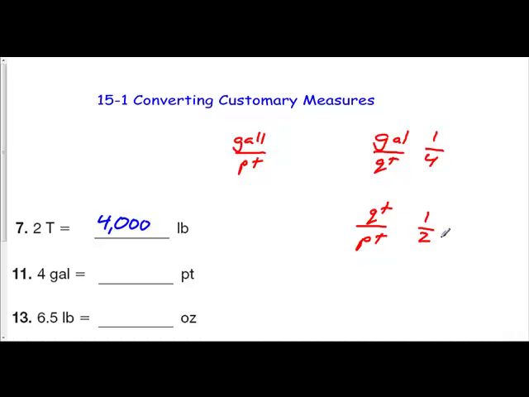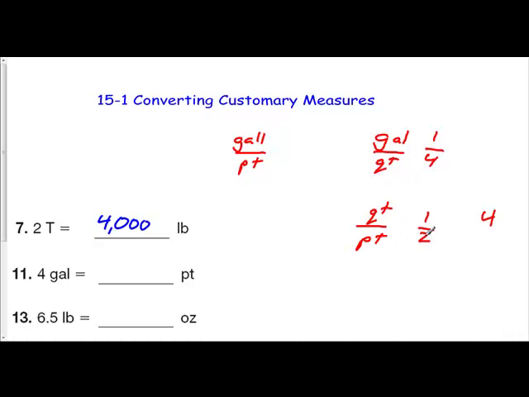Let's solve this one here first. How do I turn this into 4 quarts? I want to solve for 4 quarts because there are 4 quarts in a gallon.